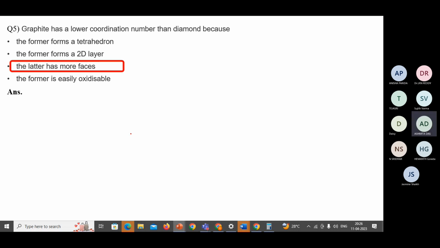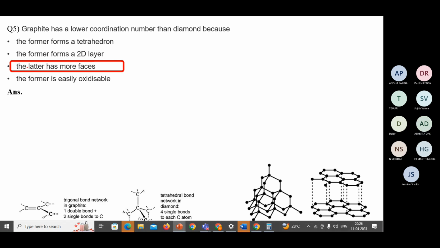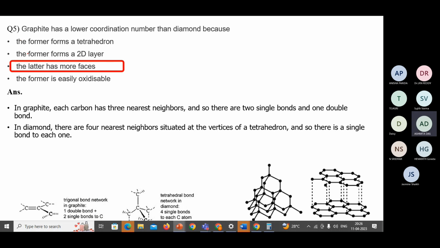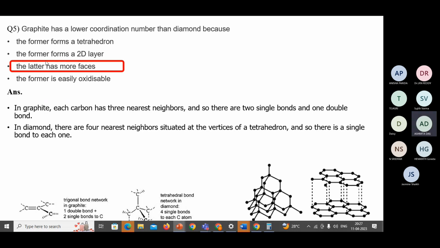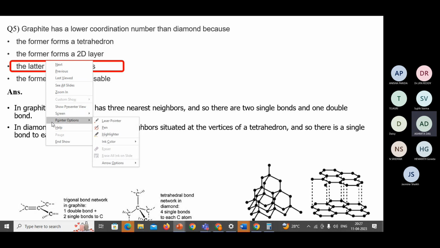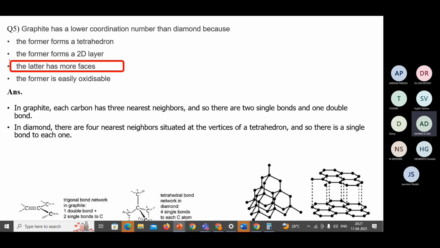The correct answer is the former forms the 2D layer. Sorry for the inconvenience, this red button has shifted in every place. So the correct answer is this one.